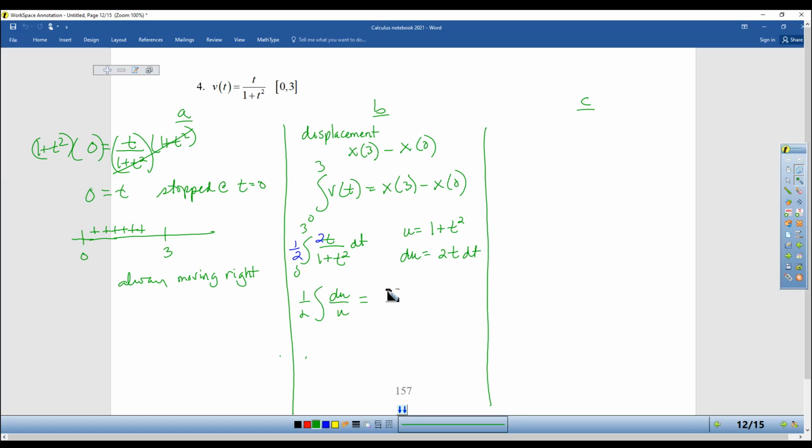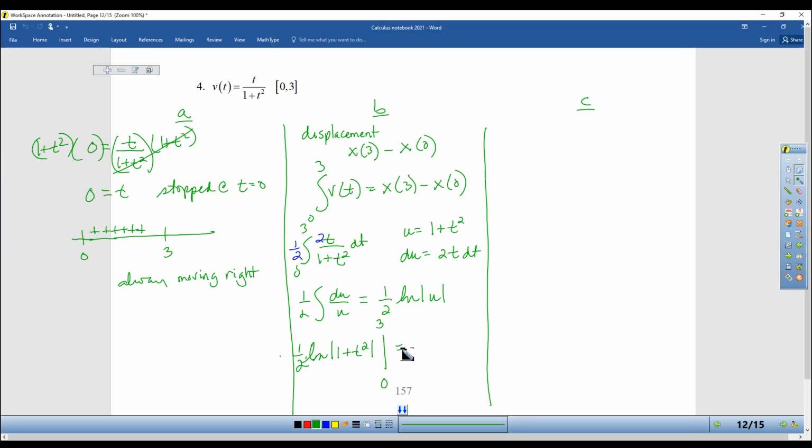This is a very special integral. It is the natural log. So 1/2 the natural log of the absolute value of u. 1/2 the natural log of the absolute value of 1 plus t squared. Now, you can get rid of the absolute value if you want to at this point, because 1 plus t squared will always be a positive number.